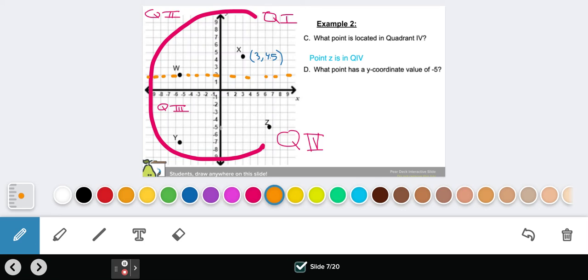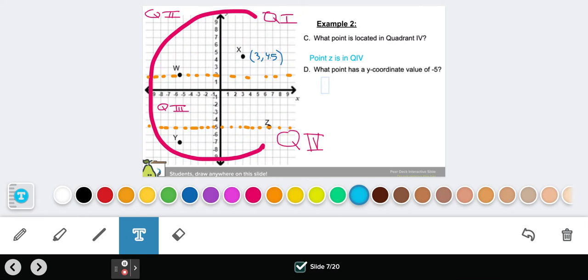Then I'm going to write my dots on my y-axis right at -5. Again, this is my y-axis. They're talking about -5, so I have to go right here, and they're talking about everything along that line. So it is at point Z again. What point has a y-coordinate of -5? It has to be point Z.